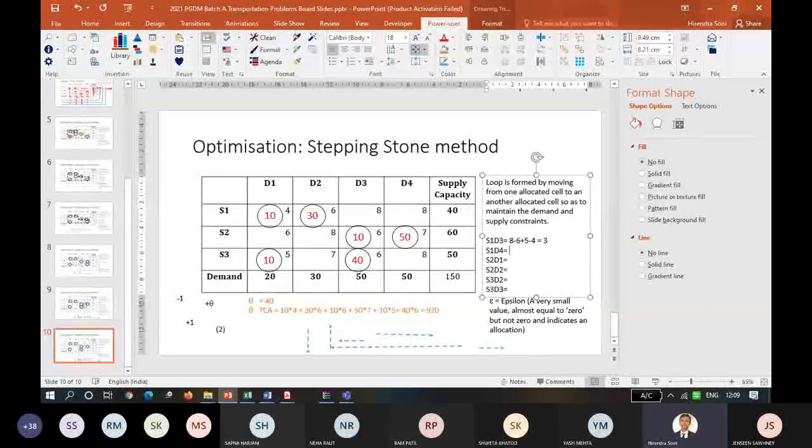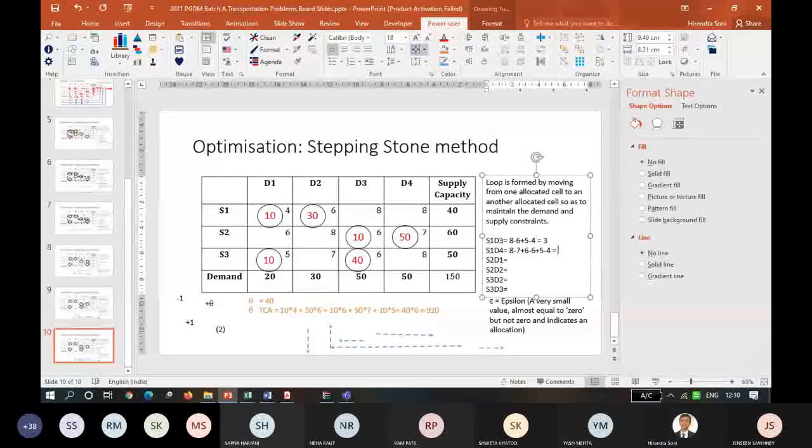S1D4. How will your loop form for S1D4? From here to here, here, here, here and back to S1D4. Correct? Perfect. Like this, like this, like this, here, here and back. Correct? Yes, sir. So what will come in S1D4? 8 minus 7 plus 6 minus 6 plus 5 minus 4.